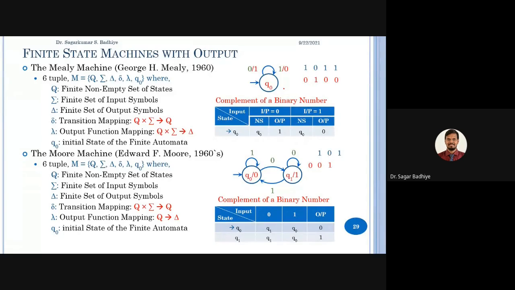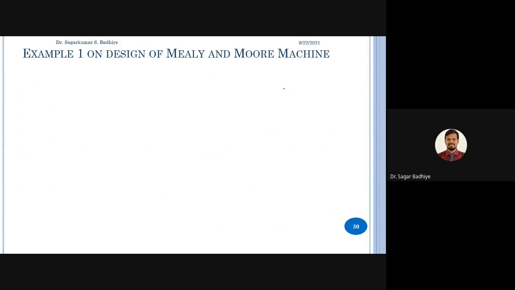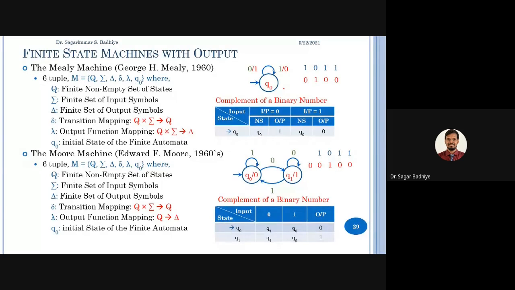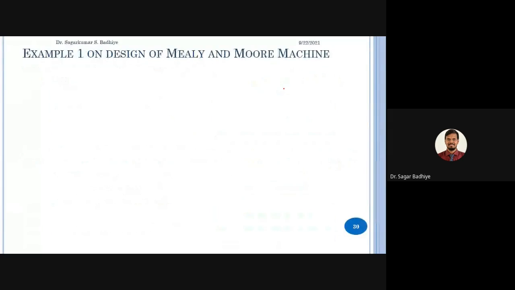The next input in Q1 is 1, so I again transit back to Q0 and produce an output 0. In Q0, the input is 1 and I stay in Q0 and produce an output 0. So this is the way I have designed the Mealy or Moore machine. So the required answer is as it is.